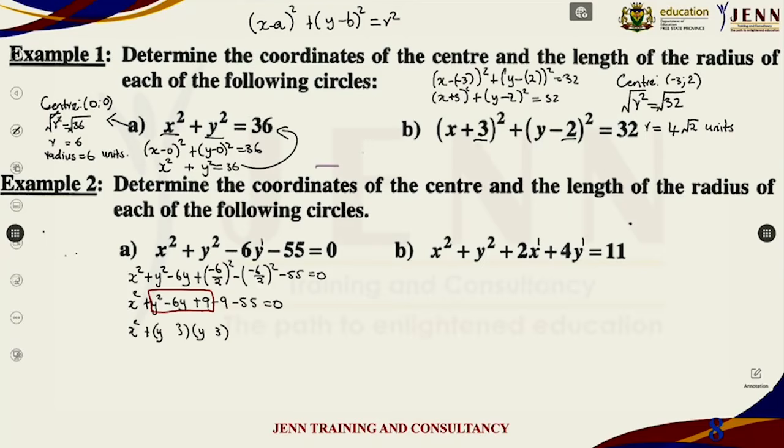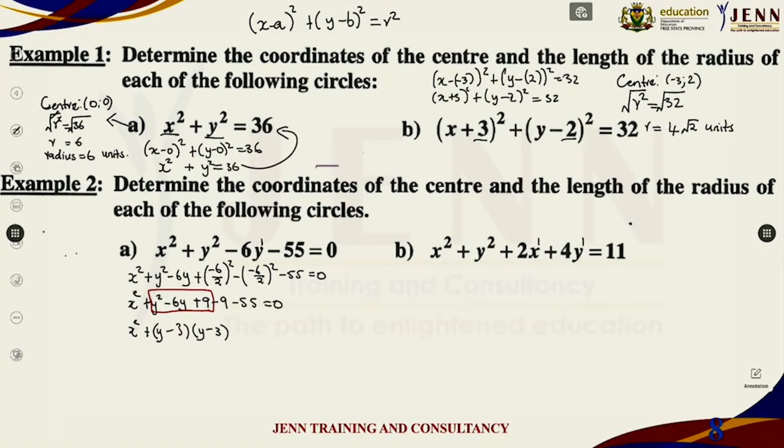Then we determine the signs. To have 9, it must be +3 multiplied by +3. But to have -6, I must have -3 and -3. -3 plus -3 gives you -6.